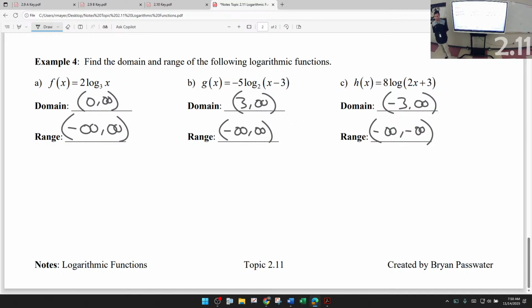Who's got Desmos up real quick? Chucky, you got Desmos open? 8 log parentheses 2x plus 3.